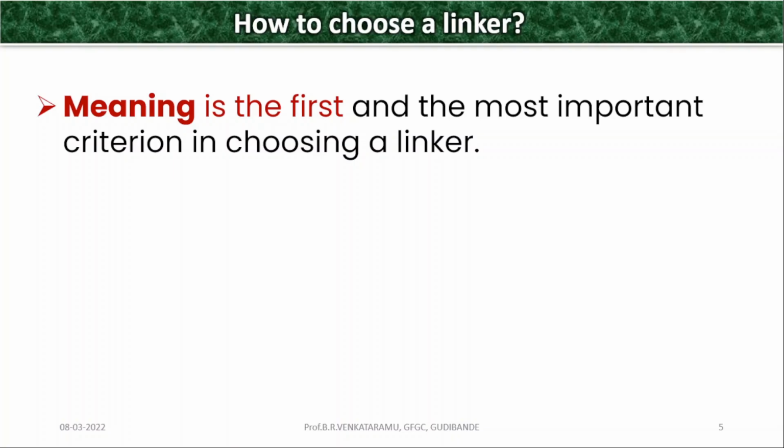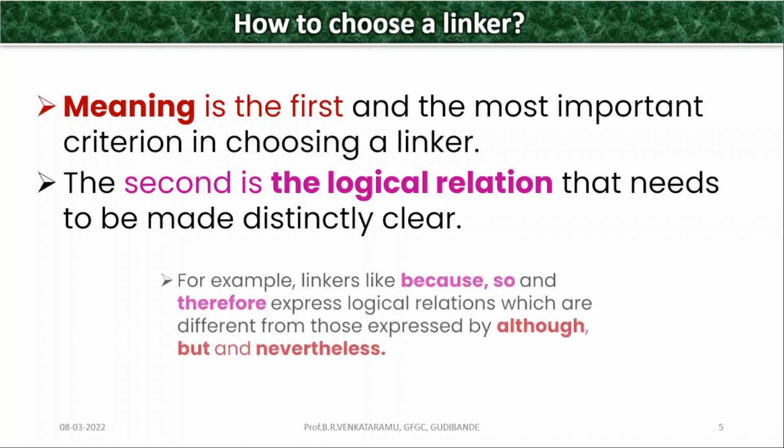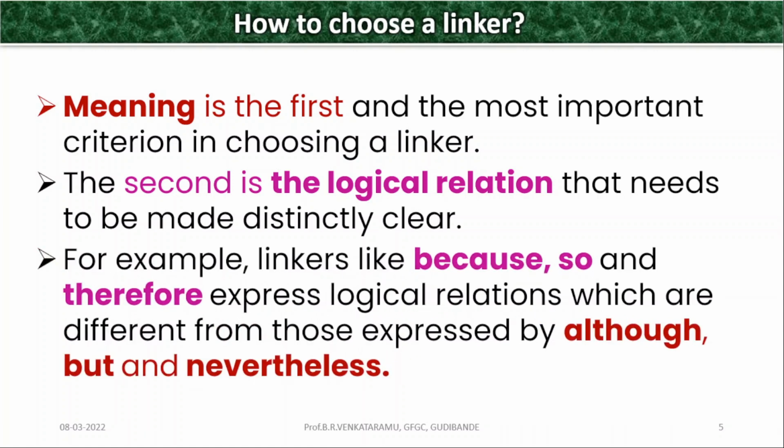Meaning is the first and the most important criterion in choosing a linker. The second is a logical relation that needs to be made distinctly clear. Well, you can see some examples here. Linkers like because, so, and therefore express logical relations which are different from those expressed by although, but, and nevertheless.